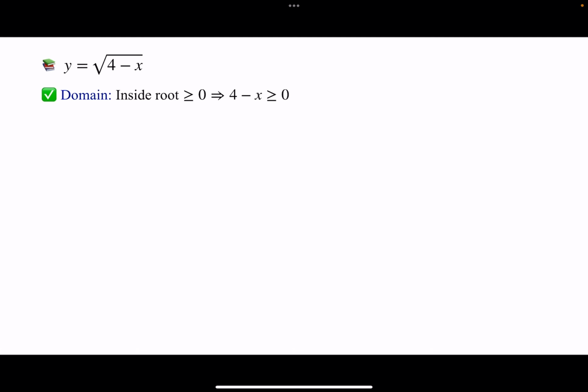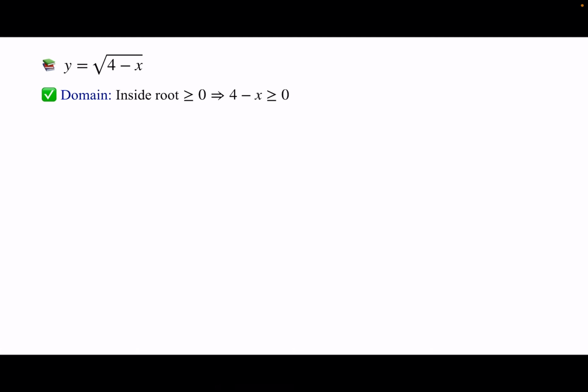Now the next example is the function y equal to root of 4 minus x. This is a square root function, and if we talk about the domain, then for a square root function the restriction on x values is that the expression inside must be non-negative.